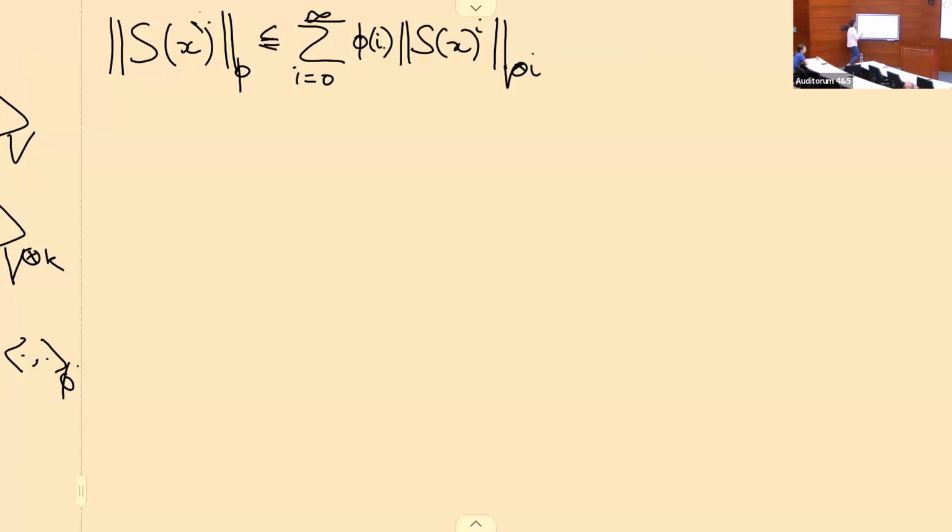This is less than or equal to, by the factorial decay, the sum from i equals 0 to infinity of phi(i) times the one variation of the path, x_1.